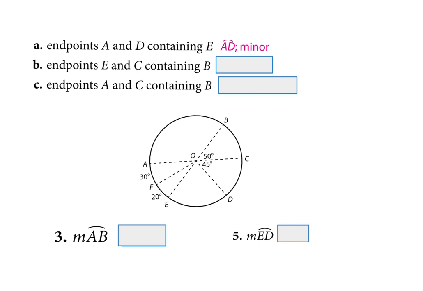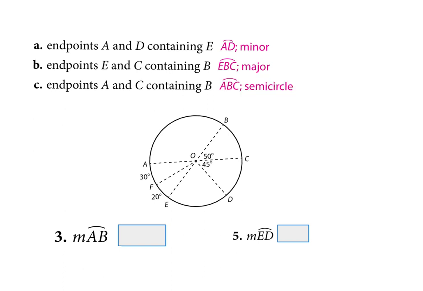The endpoints were E and C, but they wanted you to go through B. So to go from E through B all the way to C was a major arc, so you actually needed to include 3 letters with that arc symbol and tell me it was a major arc. A major arc. Endpoints are A and C, and it contains B. A through B to C, that is actually a semicircle, so you needed all 3 of those.